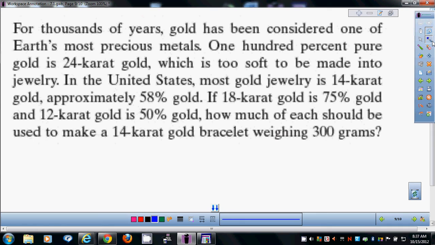If 18 karat gold is 75% and 12 karat gold is 50%, how much of each should be made to make a 14 karat bracelet weighing 300 grams? Anybody have a theory about how we're going to set this up? Yes, you're going to have one like this today in your homework.